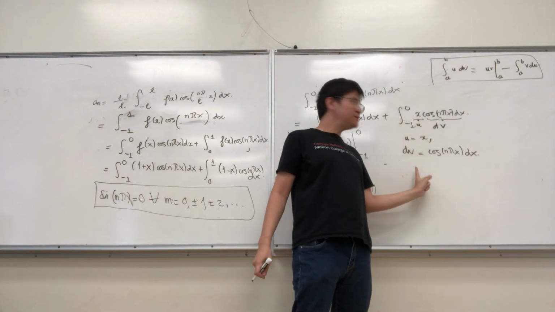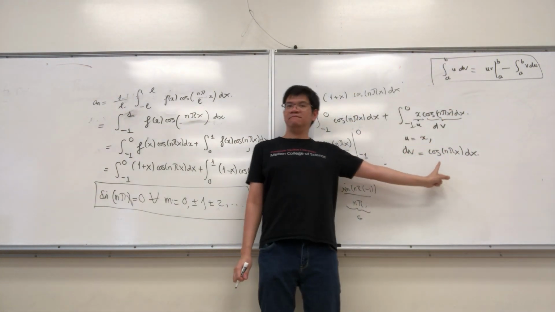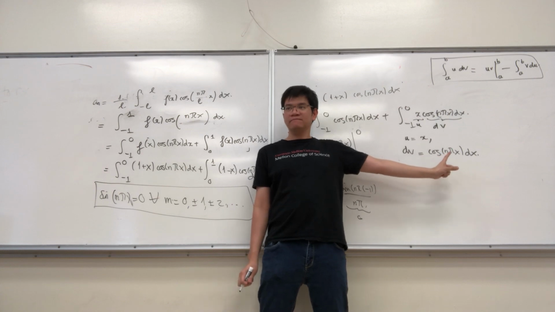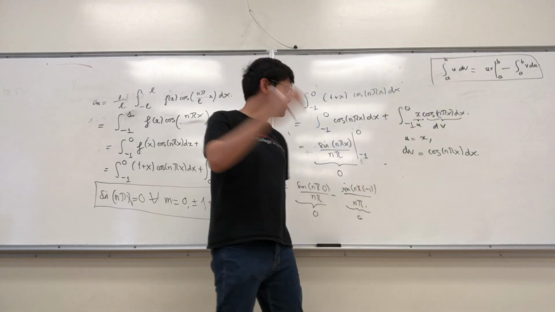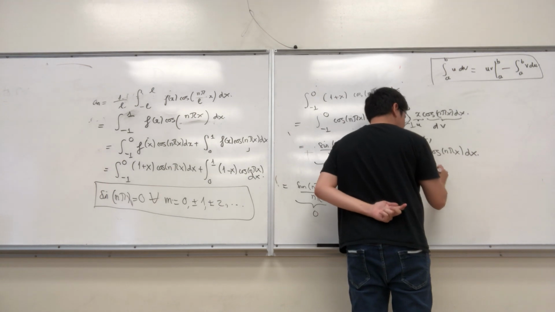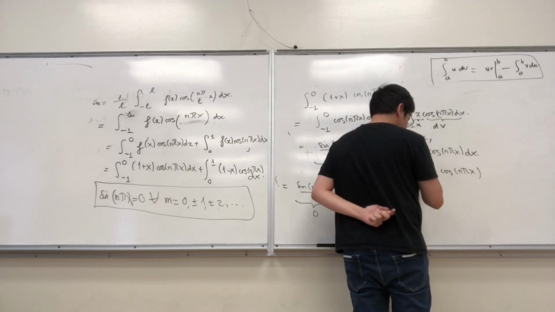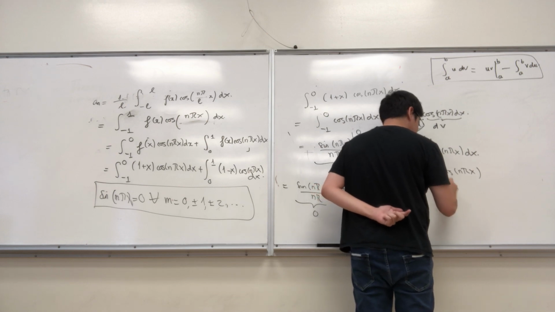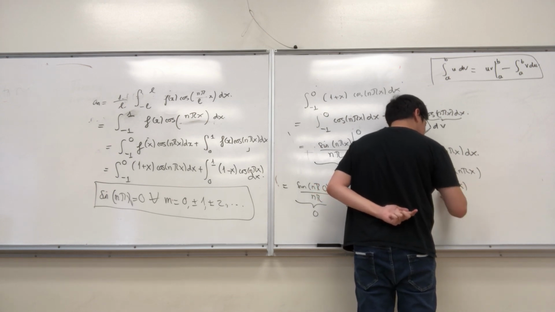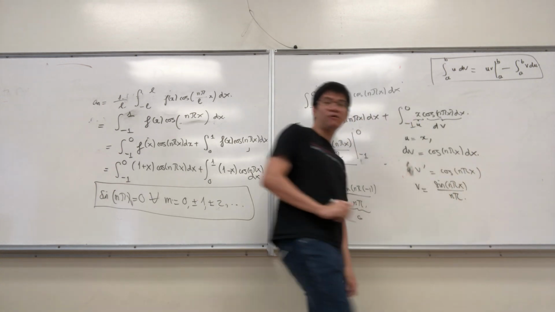Which means that v prime will be cosine of n pi x, and v will be the antiderivative of this guy, so it's going to be sine of n pi x over n pi.